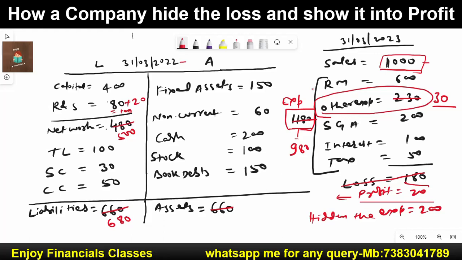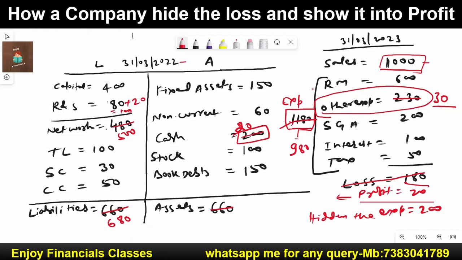And the total assets: see friends, this company has actually incurred 1180, but it has hidden the expenses. So the cash will be reduced by 180, because the expenses have already been incurred and it has paid the different suppliers or different service utility providers.